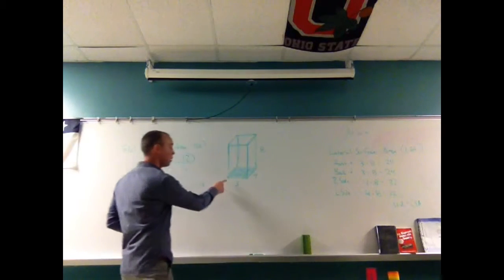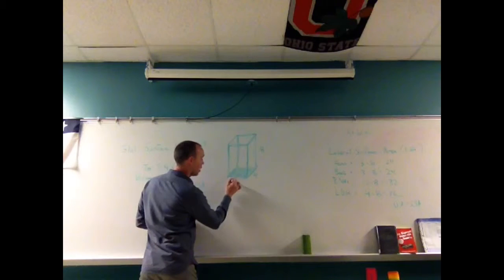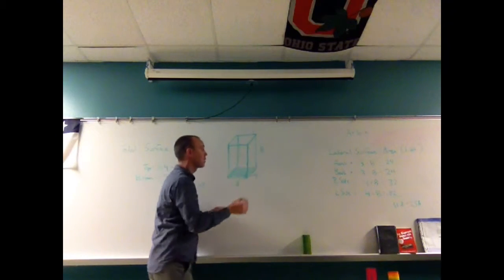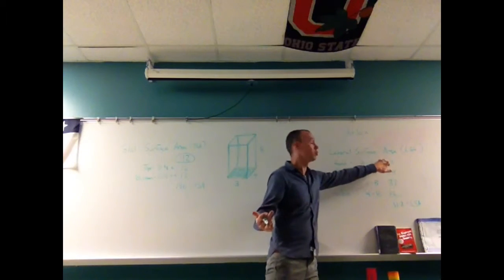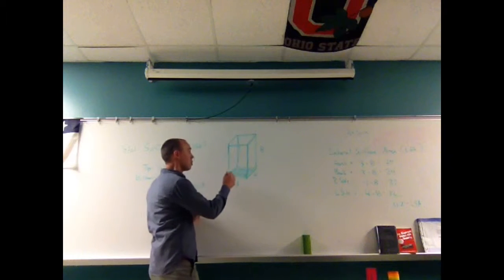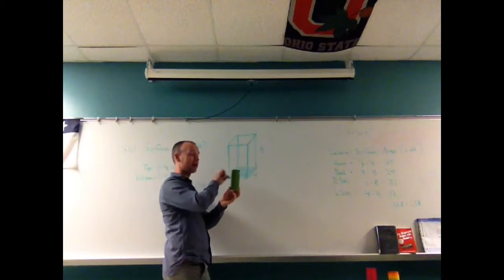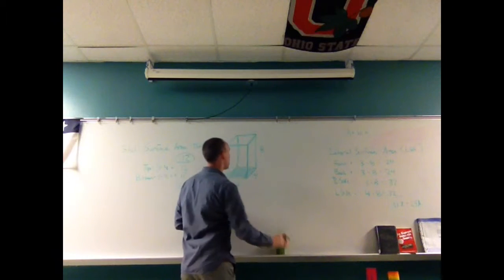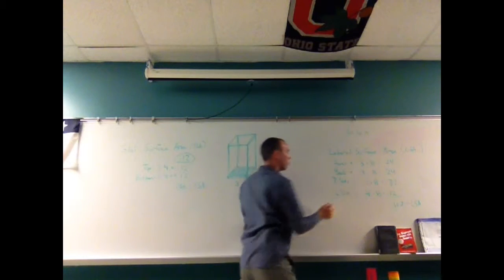When you look at this shape here, when you're looking at the front part, you can see that the front is made up of a base of 3 and a height of 8. So to find the front, you're going to multiply 3 times 8. It's easy multiplication, 24. The back side is the same. That's the nice thing about rectangular prisms. The front side and the back side are identical, just like the right side and the left side, okay? So on the back side, you're also going to do 3 times 8, which again is 24.